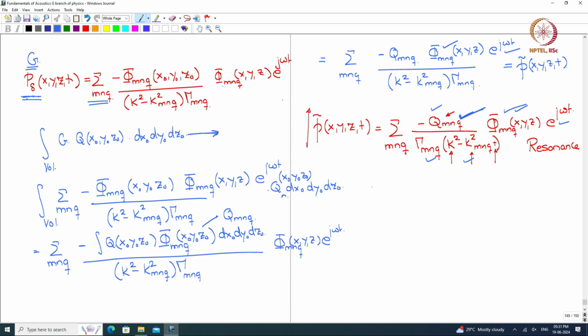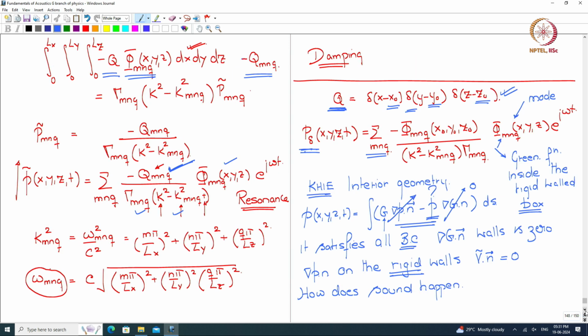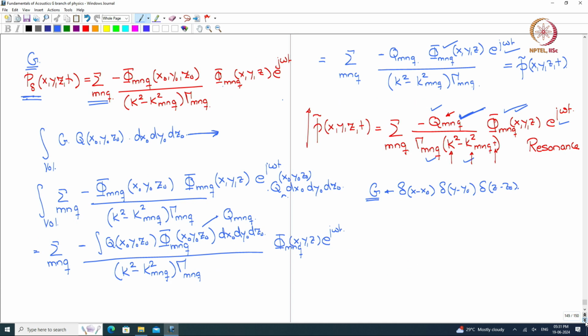So what does it mean? If I know my g due to a delta function inside the volume as a modal sum over here, then given any other distribution of sources inside the volume, the response is the integral over the volume of this g times the q x0 y0 z0 dx0 dy0 dz0.